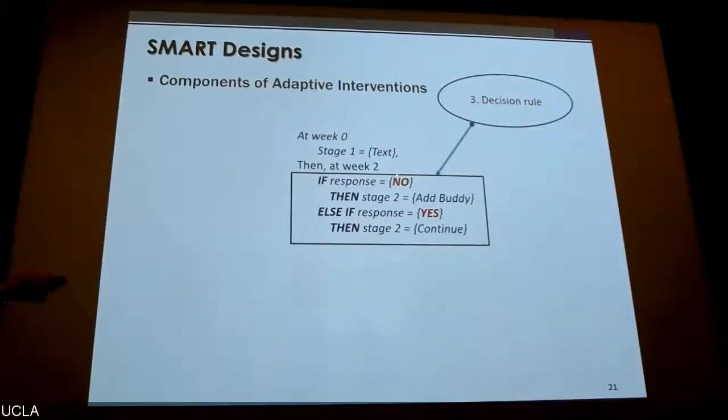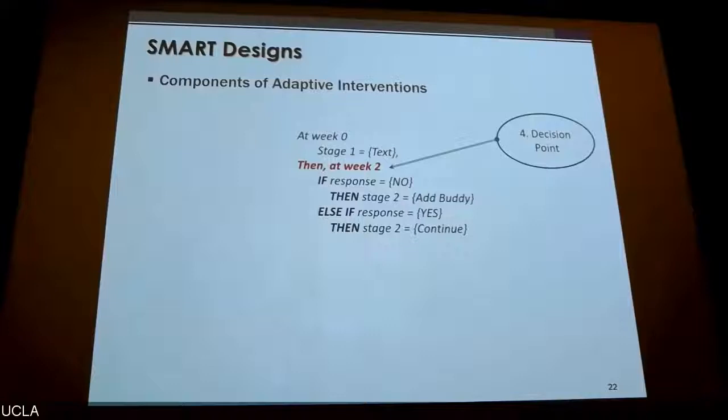The decision rule does this by specifying the levels or thresholds of the tailoring variable that can help us differentiate between conditions in which we need to add body training versus continue. You see that? Without the no and yes, without the levels of the tailoring variable, you would not know how to make decisions based on this decision rule, right? But here, this decision rule specifies the conditions in which you need to add body training. It tells you that you need to add body training when response is no, right? Okay.